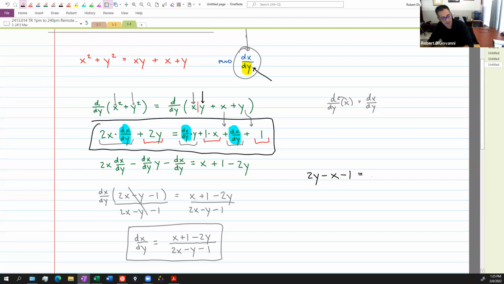And on the right side, we would have the dx dy times y. We would have the dx dy that was by itself. And then we're going to have to bring that 2x dx dy to the right side, so that makes it negative.